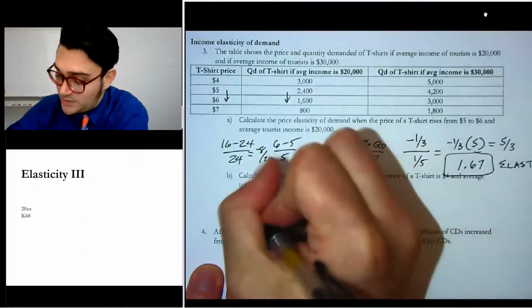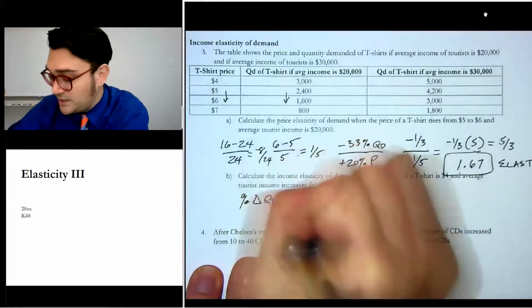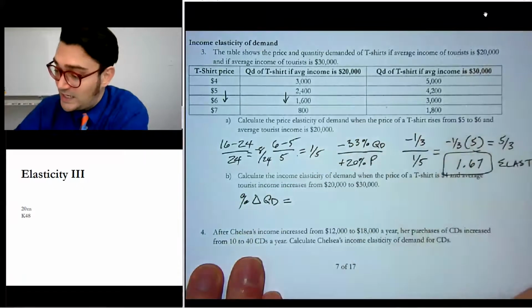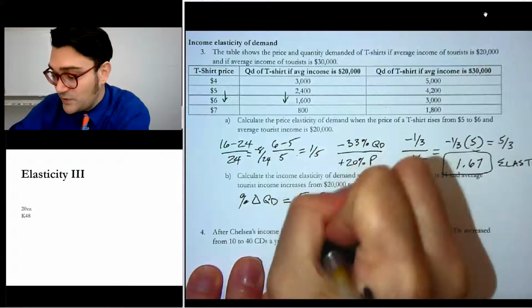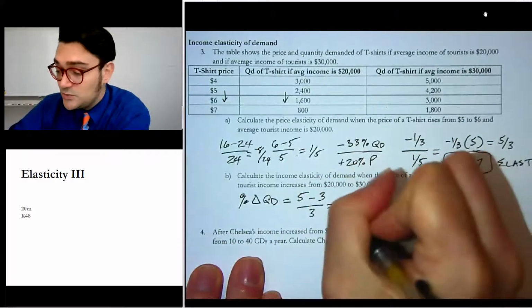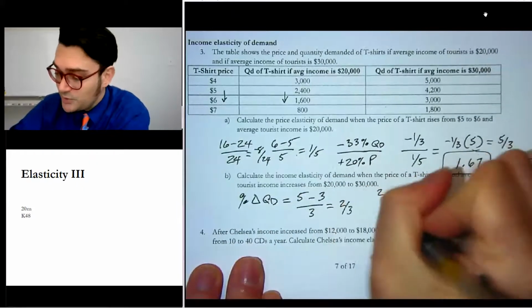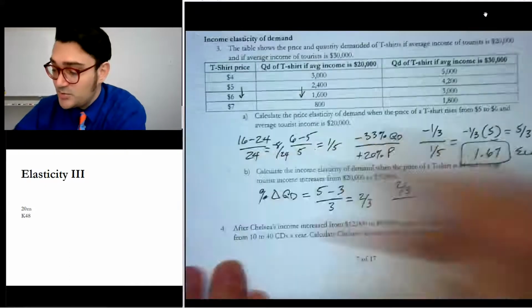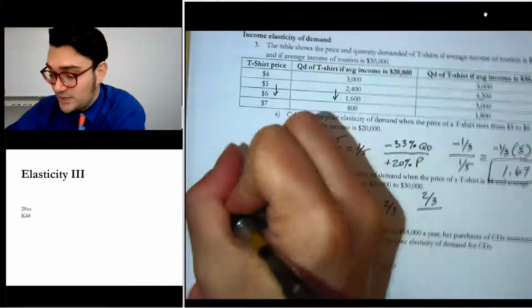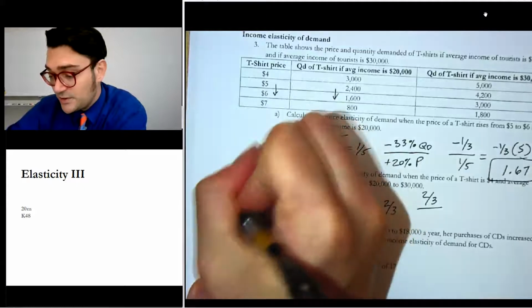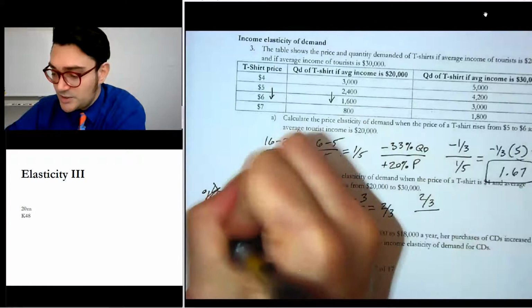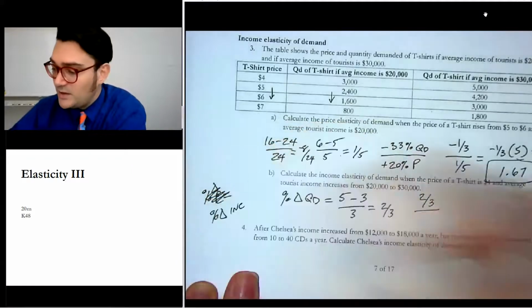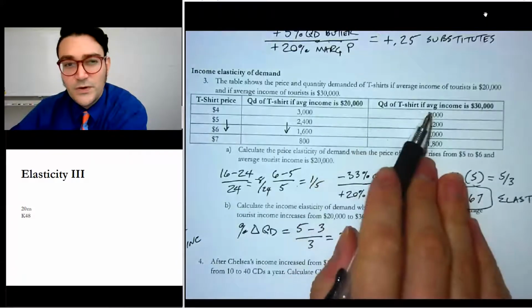So the percent change in quantity demanded, the new value is 5,000 minus 3,000 over 3,000. And so that is 2/3. So we're going to put that in the numerator. And the percent change in income, we'll just do that one over here. Sorry, it's not price, it's income. Percent change in income is going from 20 to 30.